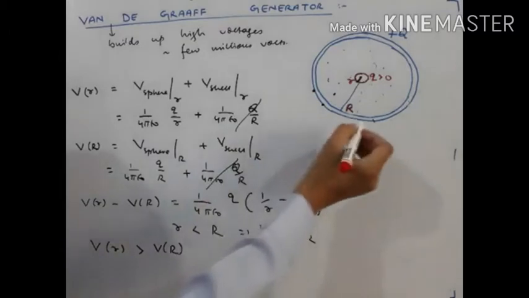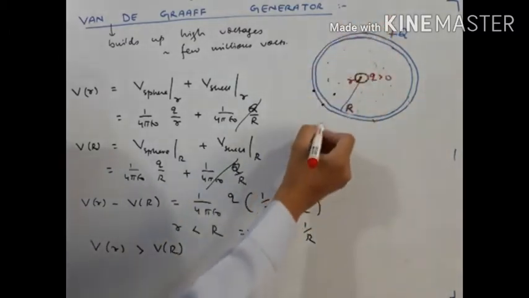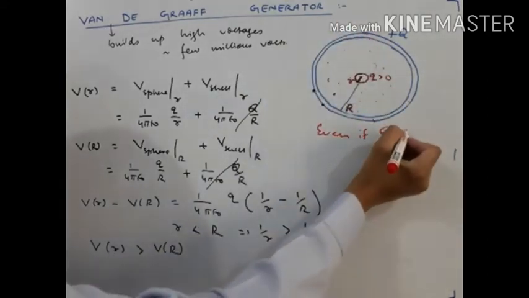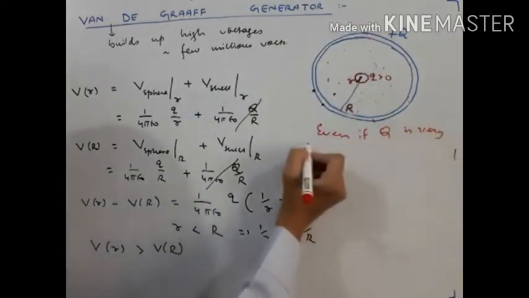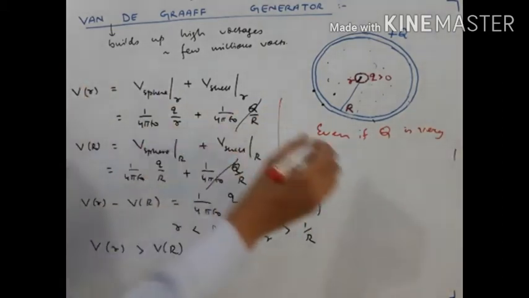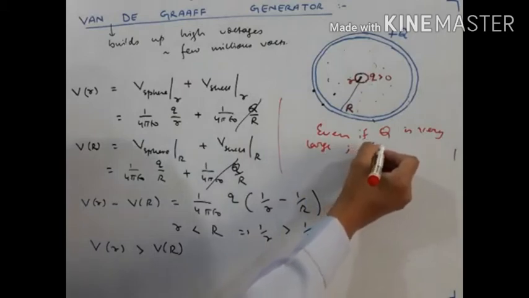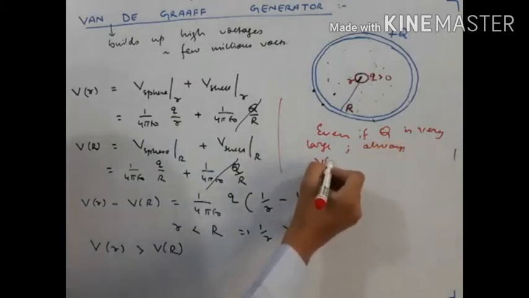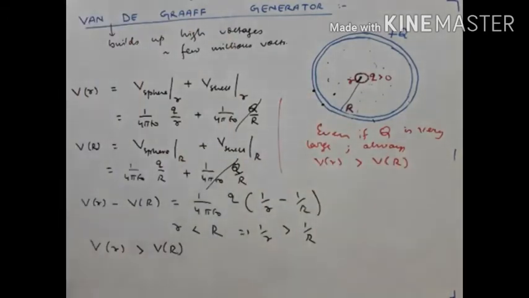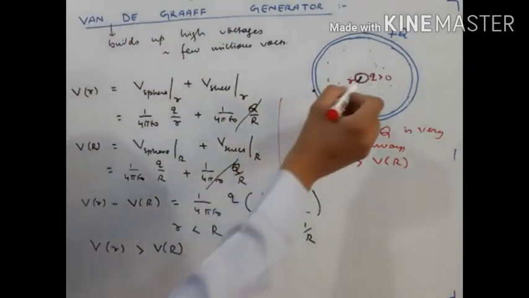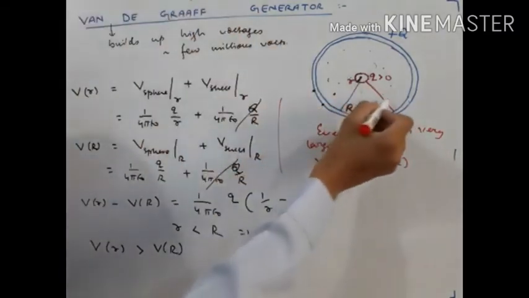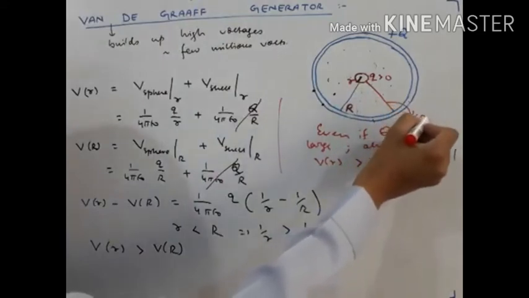This means whatever be the value of capital Q, even if capital Q, the charge on the cell, is very large, we always have potential at small r greater than potential at capital R. And this means that if we connect these two by a connecting wire, this is a conductor.